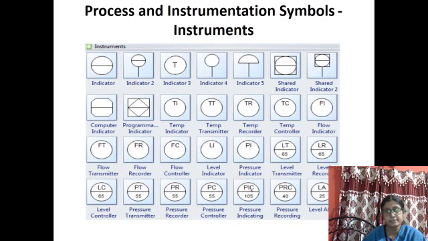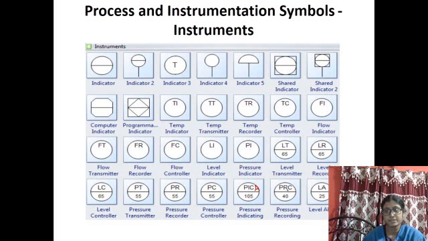I stands for indicator, C for controller. Sometimes there is another parameter, PICA, that is for alarm. That means the process variable is pressure, indicator, controller, along with alarm signal facility.